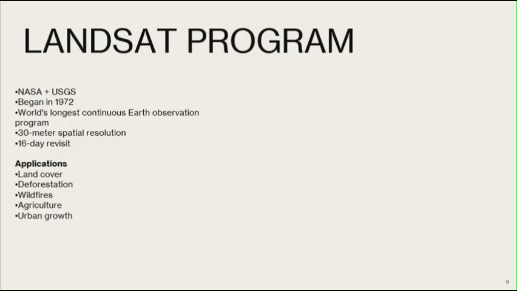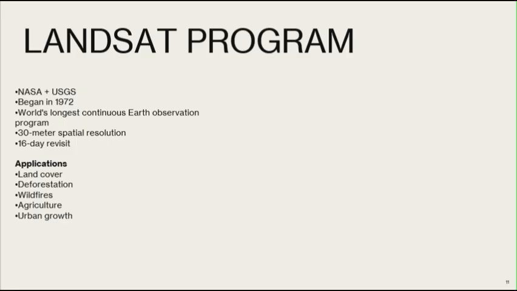One of Landsat's greatest strengths is its long historical record. Since satellites have been collecting data for more than 50 years, scientists can compare images from different decades to study changes in forests, cities, glaciers, coastlines, etc. Most Landsat imagery has a 30-meter spatial resolution, meaning each pixel represents an area approximately 30 by 30 meters on the ground.